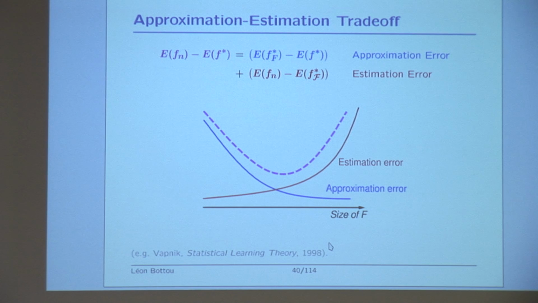And the other one is how much we lose because we use a finite training set. So when the size of the family of functions increases, the estimation error increases because the finite training set is no longer enough to specify the function within the family. And the approximation error decreases, and the sum of the two has some kind of optimum. And well, this is something that's well established.